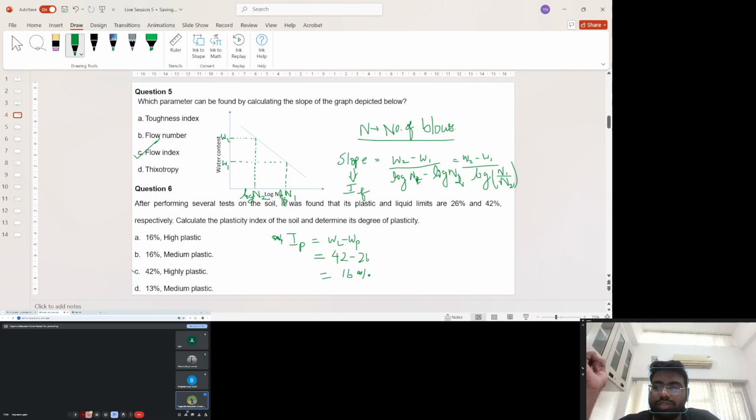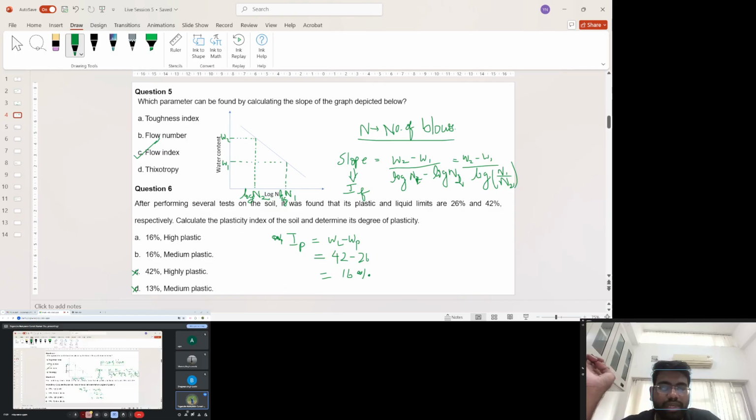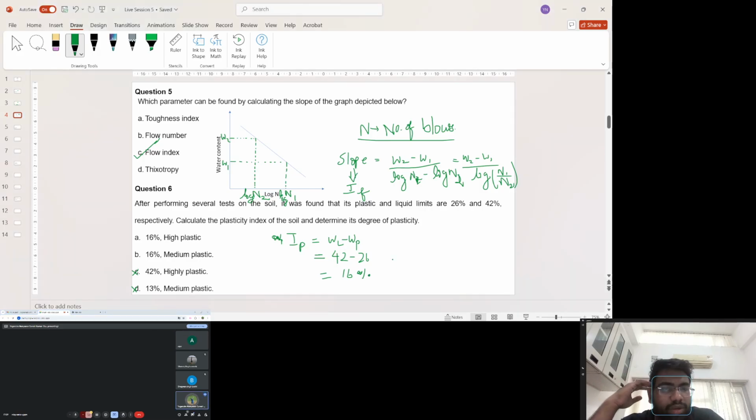Right. So this option and this option are ruled out. Now, how to decide whether it is highly plastic or medium plastic? Any idea? When IP is more than 40, I think it is highly plastic. Not exactly.